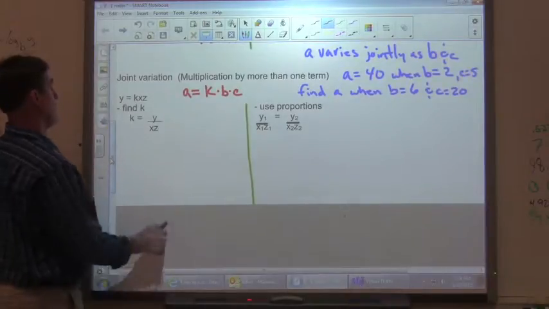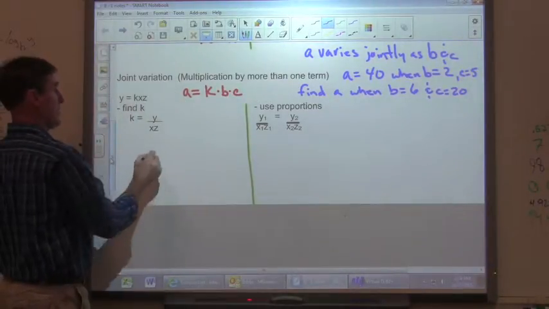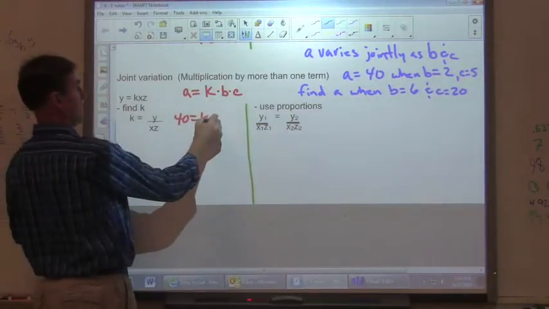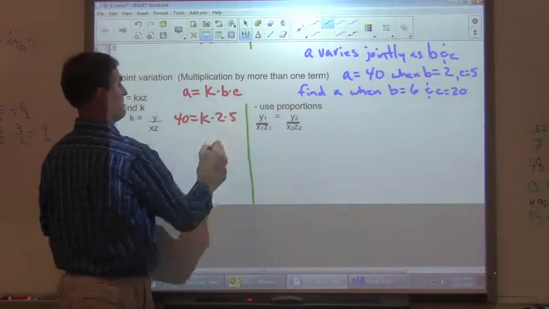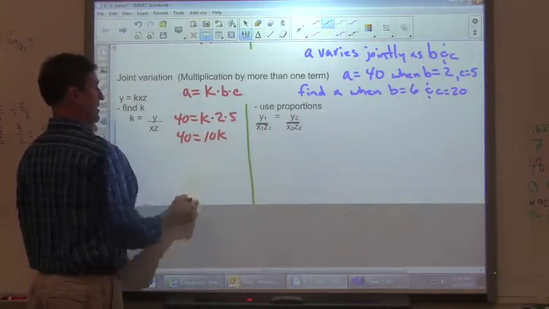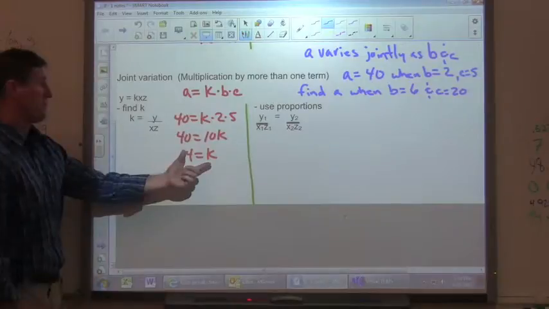So we know that y, or in this case our A is 40, K, and then our B is 2, and our C is 5. So that would give us 40 equals 10K, divided by 10, so 4 equals K. So we found our constant.